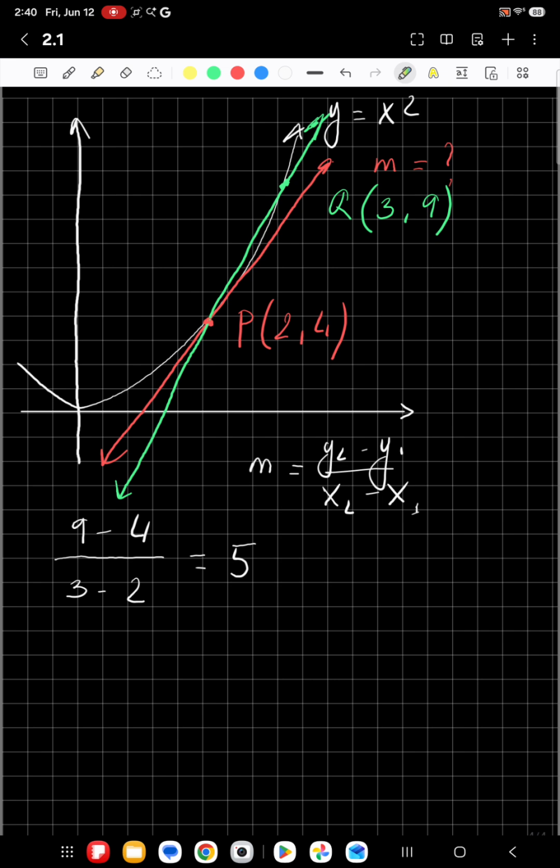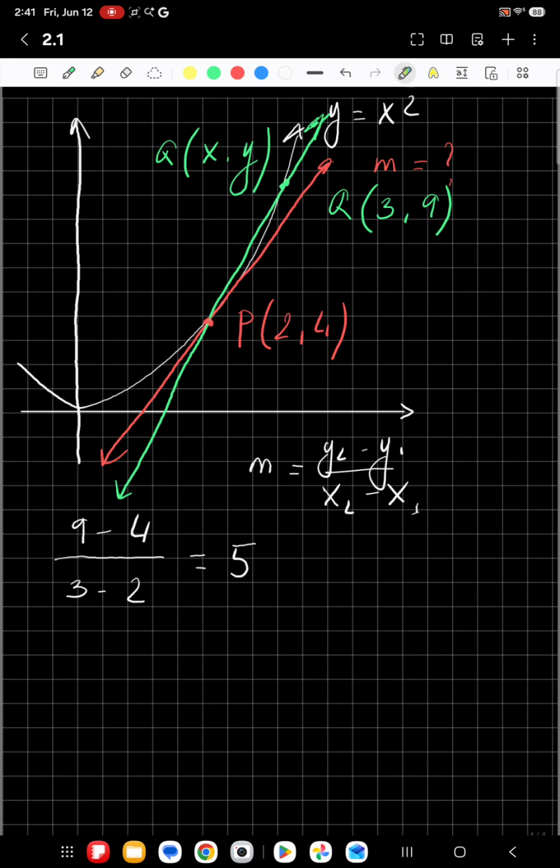Anyway, so what we'll do, we'll take that point Q and make it a little more abstract. So instead of picking particular coordinates, I'm just going to write that Q as x and y. x is just x, and y is x squared.